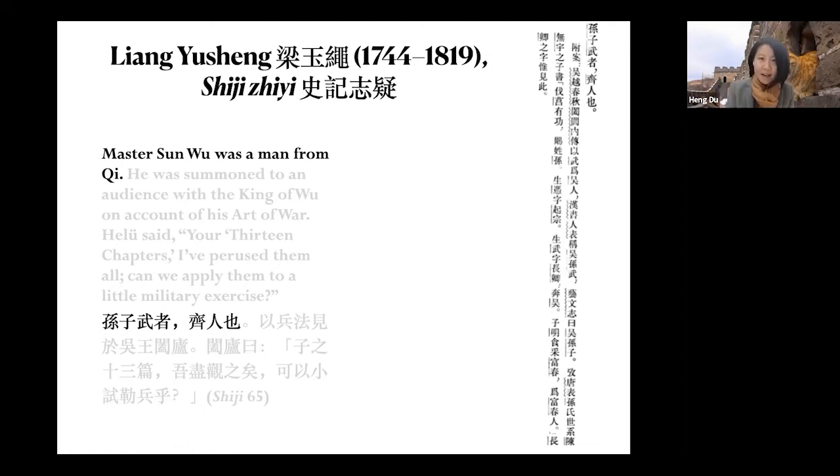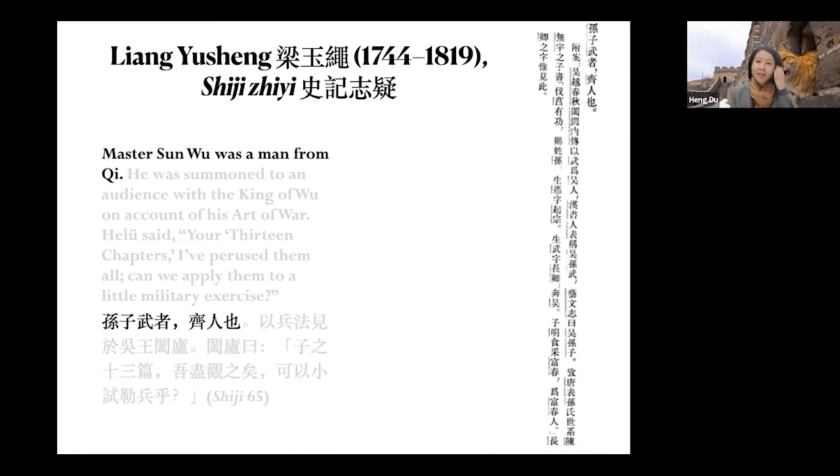The text that you see on the right is taken from the Kaozheng scholar Liang Yusheng's 史记质疑. As you can see there, he shows that not every text thinks of Sun Wu, or Master Sun, as a man from Qi. In fact, the two other sources he cites associate Sun Wu with the state of Wu, so he's native to the state of Wu.